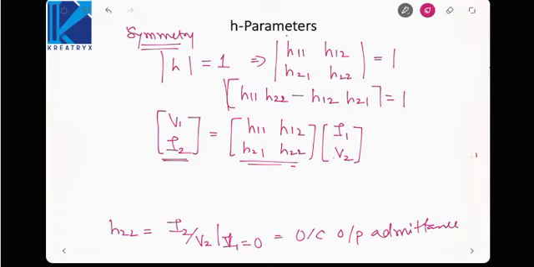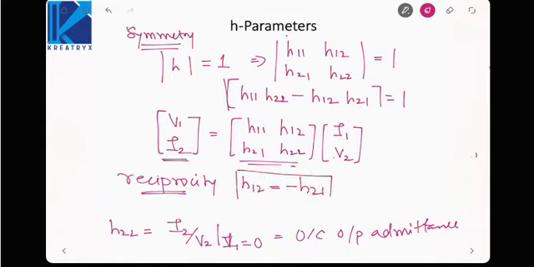Okay. What about for reciprocity? For reciprocity, the condition is h12 is equal to minus h21. Okay. Because here what happens is we are assuming both the currents as inputs. That is I1 is also entering, I2 is also entering.